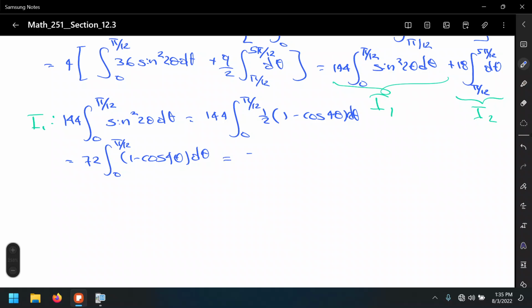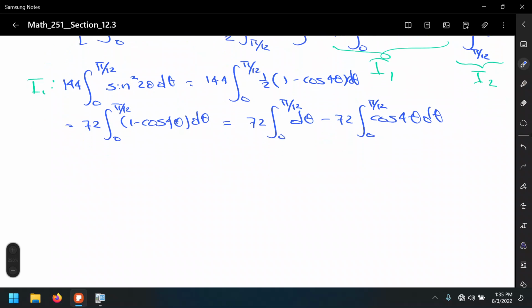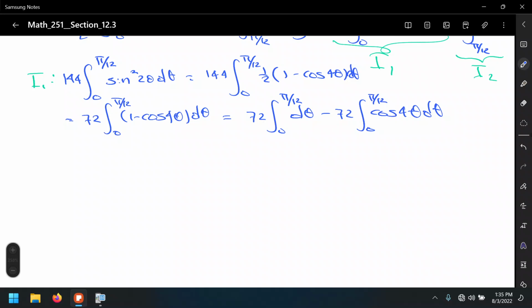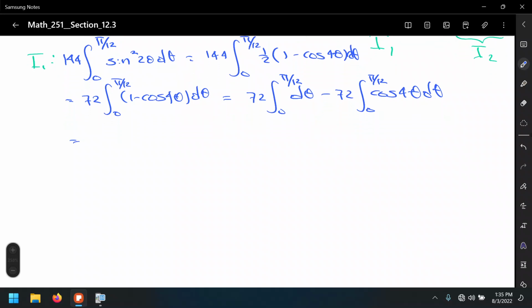So that's going to be 72 times the integral from 0 to pi over 12 of d theta, minus 72 times the integral from 0 to pi over 12 of cosine 4 theta d theta. And these 2 integrals are pretty straightforward. So we get 72 theta minus 72 times 1/4 sine 4 theta, evaluated from 0 to pi over 12.